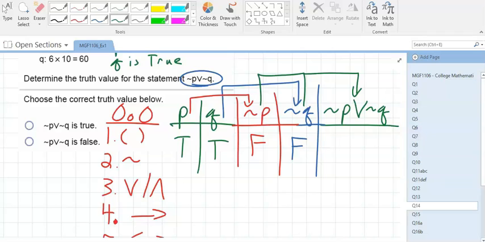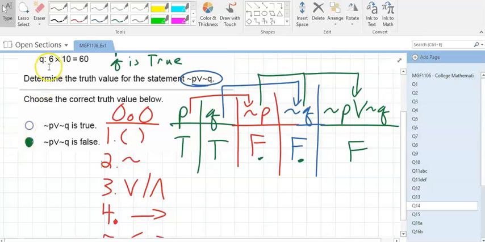Ors are only false when both are false. Looking at my two columns here, I have false and false. So that leads us to a false. So what is the answer to this? Is it true or false? It's false because my final green column over there was false. There you go. Truth table.